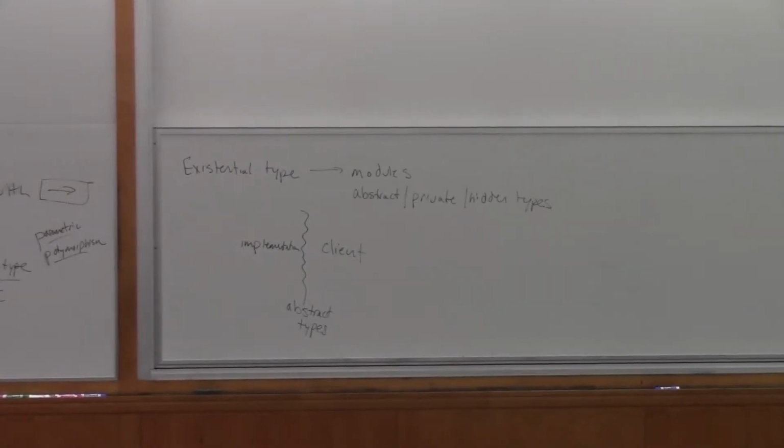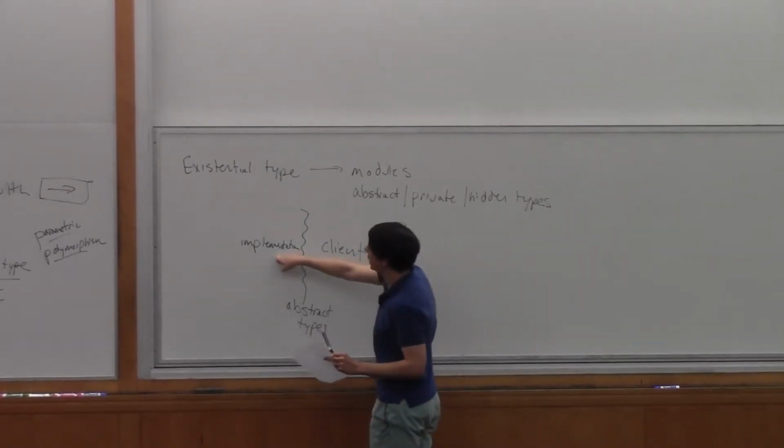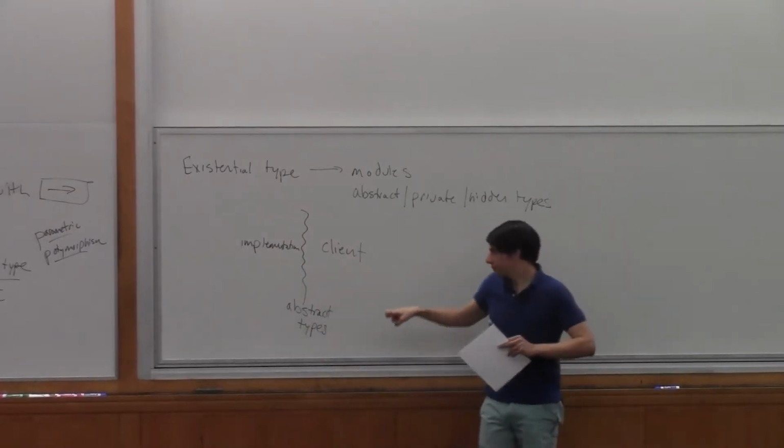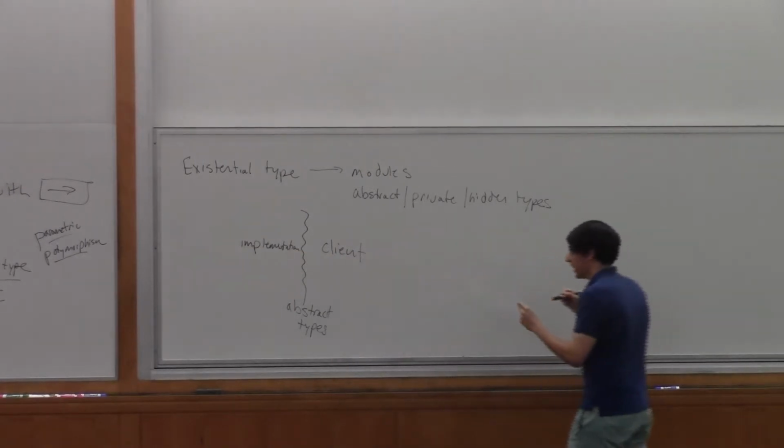Outside the implementation, those types are hidden from you. Therefore, you get nice properties like the client can't break the invariants that are established by the implementation, or the client type checks no matter what implementation you plug in.